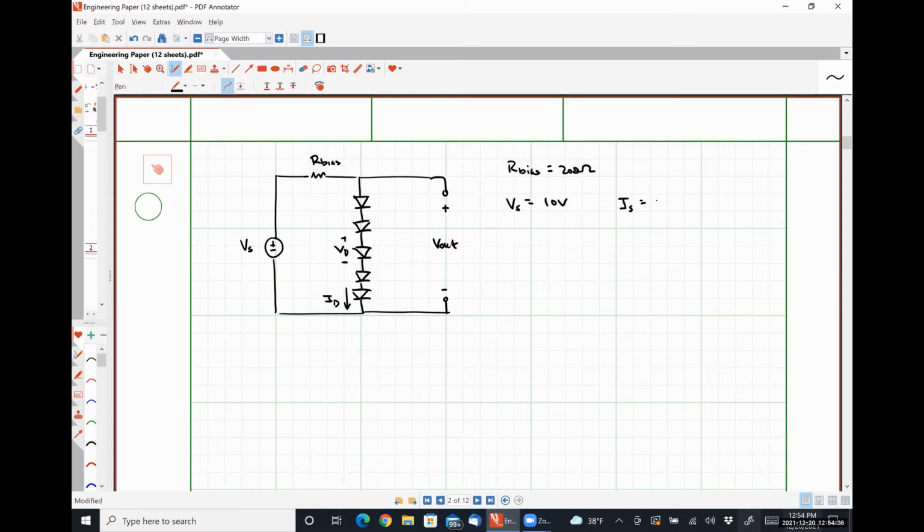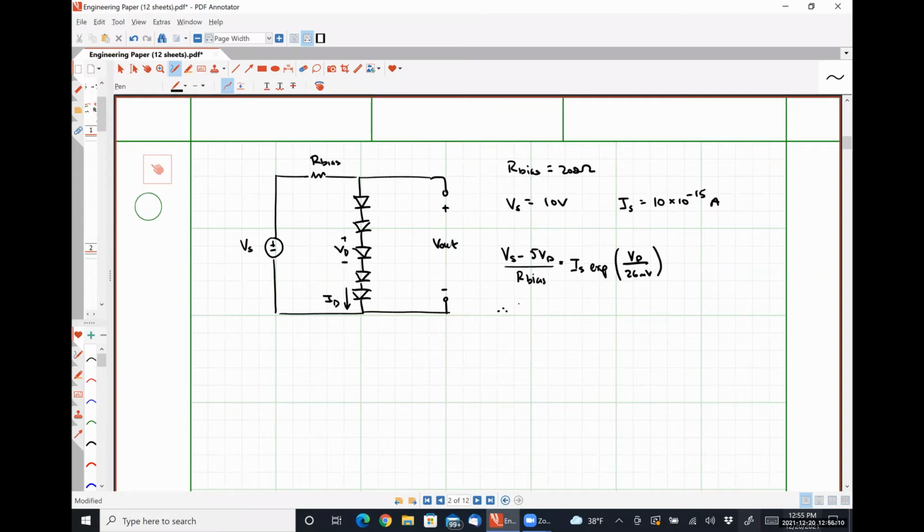IS was 10 times 10 to the minus 15 amps. And using Kirchhoff's current law, we found that VS minus 5 VD, divided by our bias resistance, was equal to IS EXP VD over 26 millivolts.